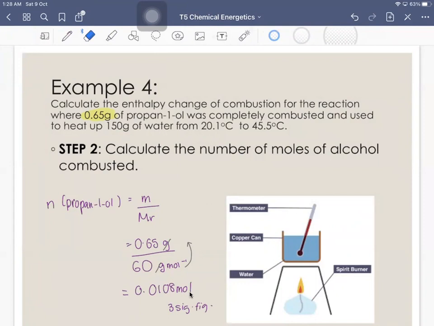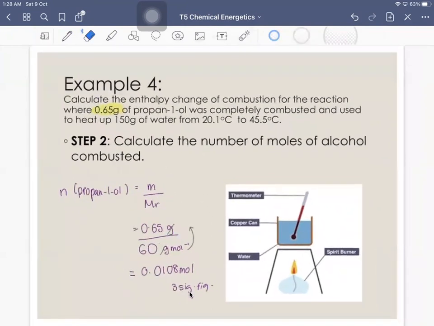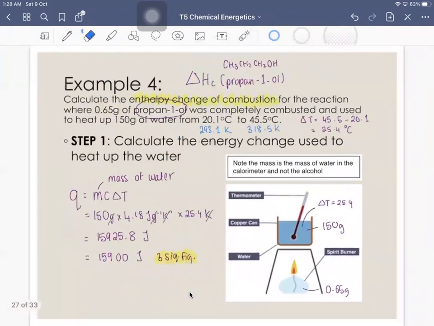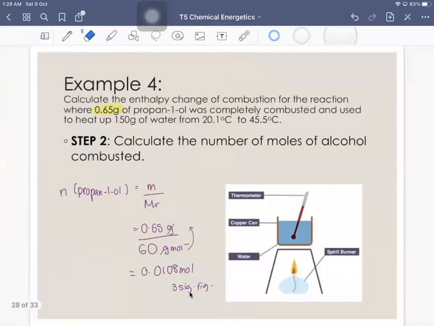So I already know from step 1 the energy that was transferred to my water, and that energy, 15,900 joules, corresponds to when I burned 0.0108 mole of propanol.